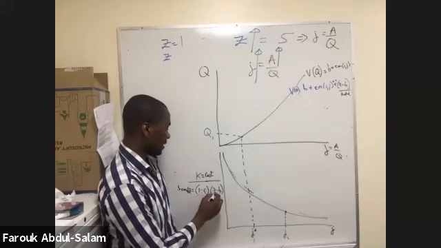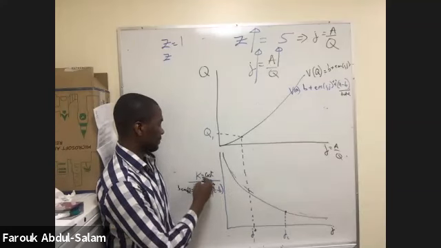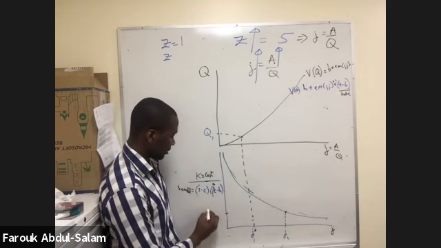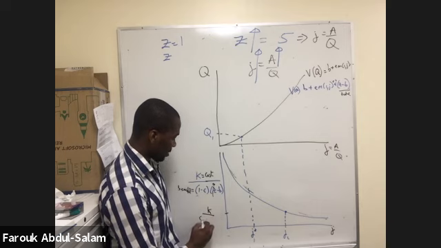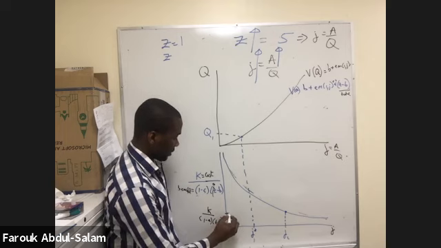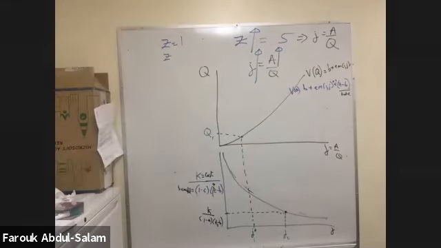Now, given that Z has increased, this entire fraction comes down. So you now have K over 1 minus A, Z2 minus B, which is the same as what we saw here. Is that okay with everyone?